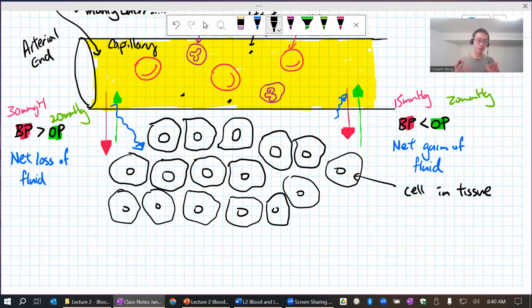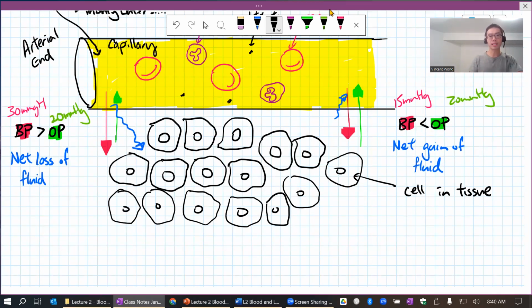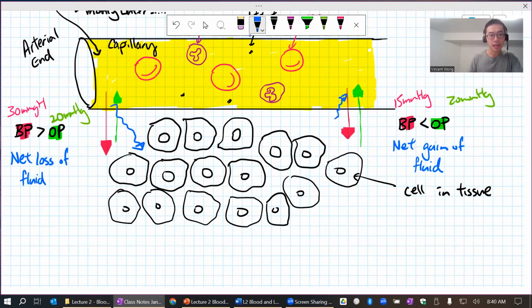Now, there is some space between the cells, and the fluid that is leaking out of the capillary is going to fill up this space. Some of it will go back to the venous side of the blood vessels, but not all of it, right?